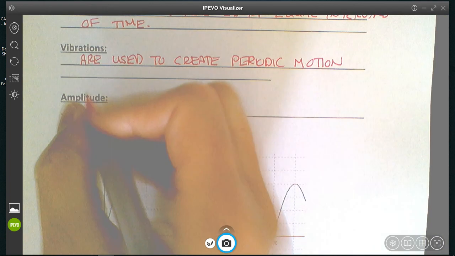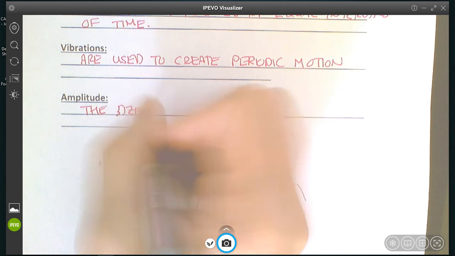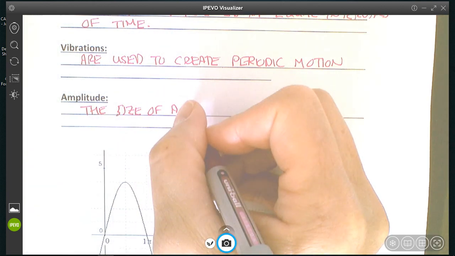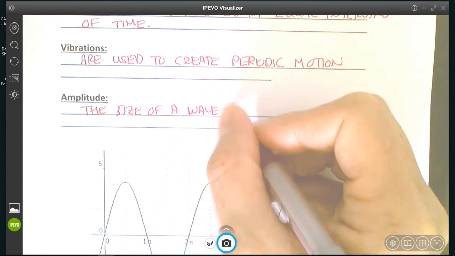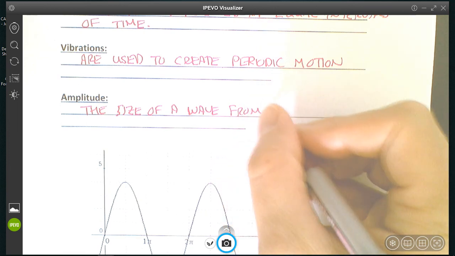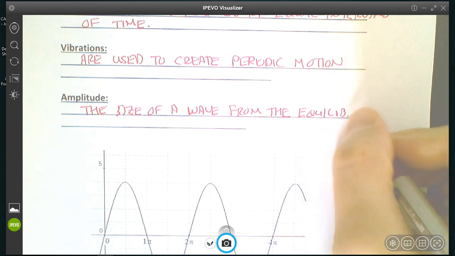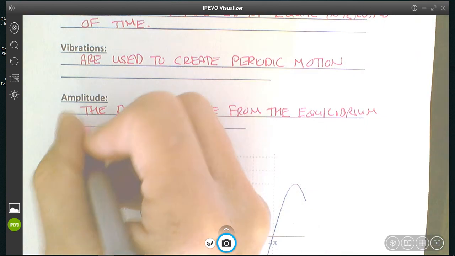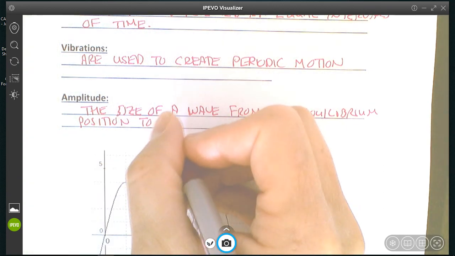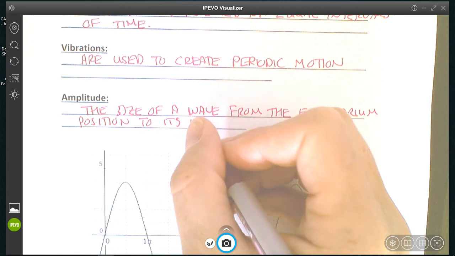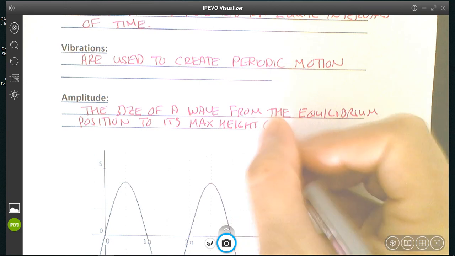Amplitude. Okay, this is the size of a wave from the equilibrium position to its max height, or the crest.